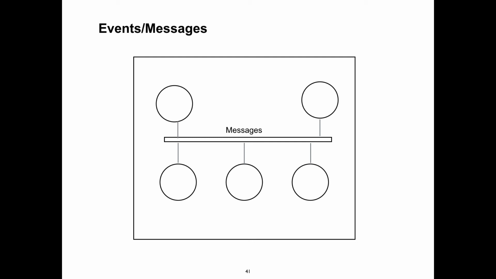We see this in a lot of systems now creating events. So in Android or iOS, you get a touch event. You touch a screen, and it sends a touch event, and that touch event can be broadcast to whoever's interested. And then you can register for interest in that event.